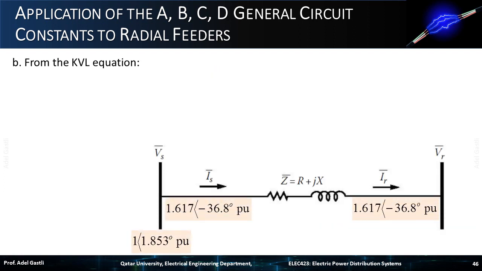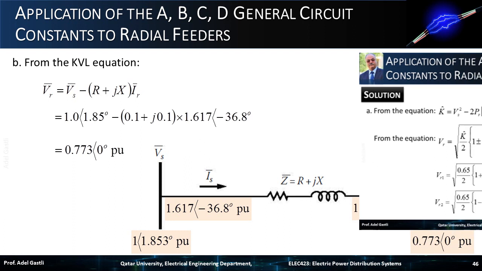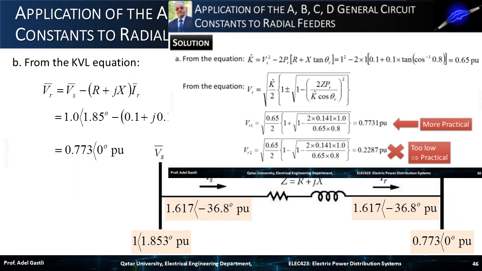In part B of the problem, we are asked to use the KVL equation to calculate the receiving voltage and compare it to the value obtained in part A. So using KVL, we know that VR can be expressed by this equation. It is clear that this value is the same as that obtained in part A. We can obtain the value of VR, that is equal to 0.773 per unit, and 0 phase angle.